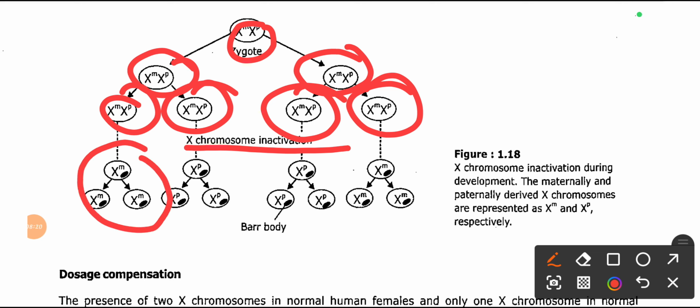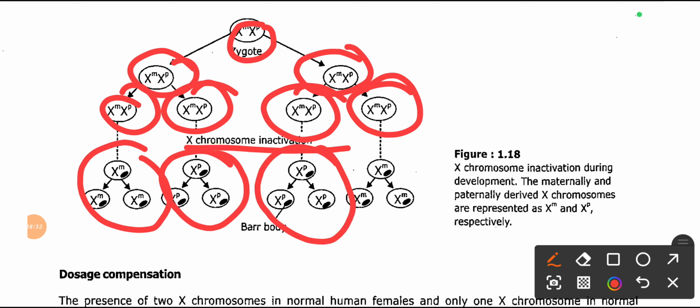Here XM is active and XP is inactive. Here XP is active but XM is inactive. In another case, the same thing can happen. So the Barr body is formed from the inactive chromosome.